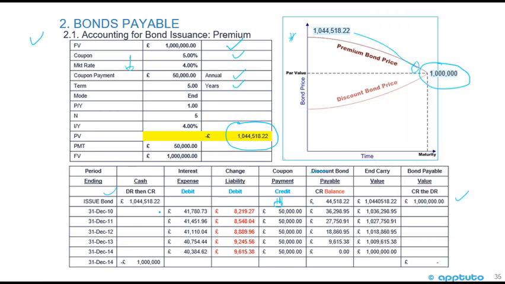So you can see here, that's my interest expense, $41,780.73. That's a debit. But you can see my credit is $50,000 because that's a credit to cash. So my debits are less than my credits. So I'm going to debit the premium bond payable account $8,219.27. So that's a very similar exercise.